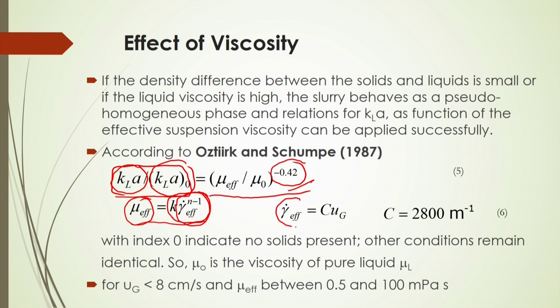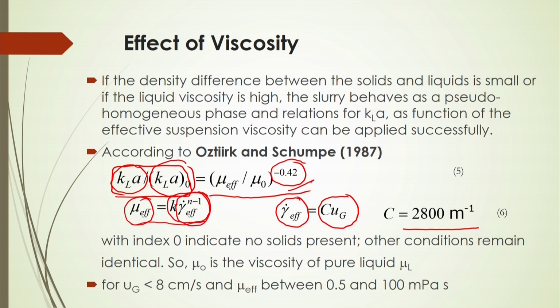So, this gamma effective dot is directly proportional to the velocity of the gas inside the gas liquid solid fluidized bed, where c is a constant equal to 2800 meter inverse. Now, interesting that other conditions remain identical.